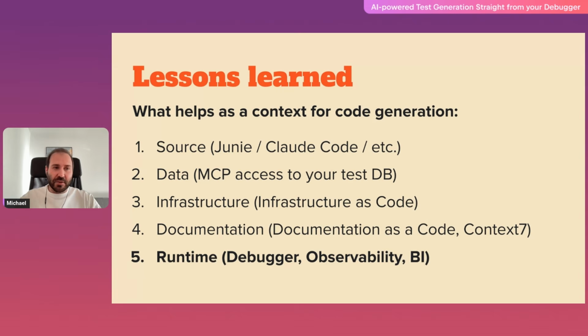Fourth is documentation as code. It makes sense to keep it in the code base and as a context for the new code generation, to narrow down again and give a little bit more insights for the LLM model on how it works without getting deeper into the methods and the code lines.